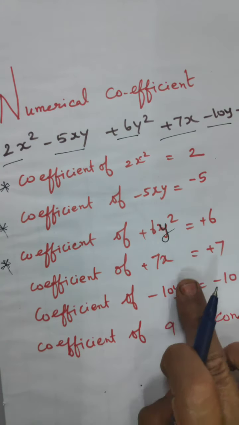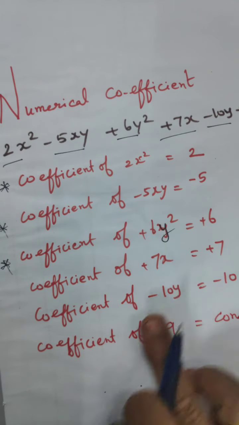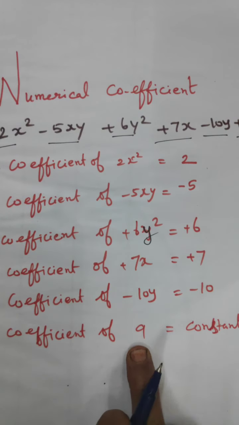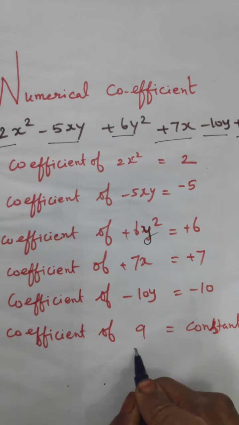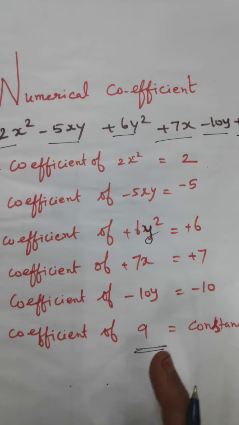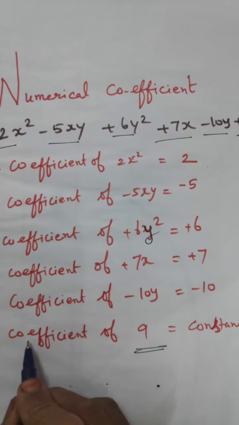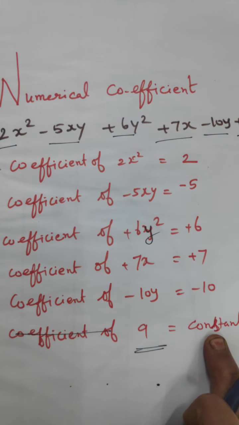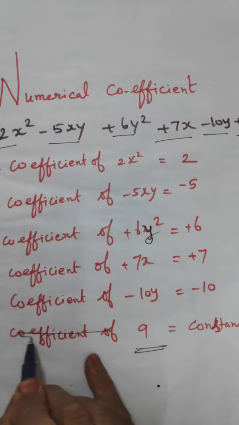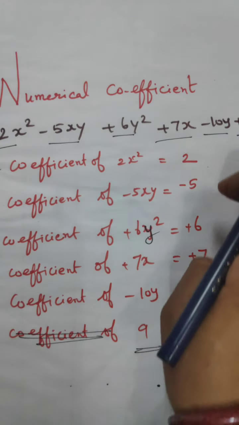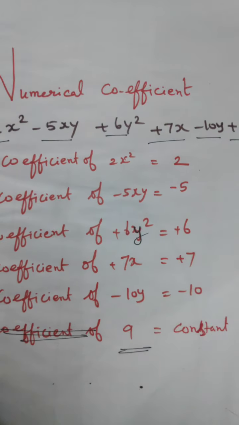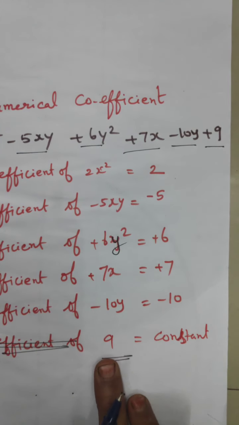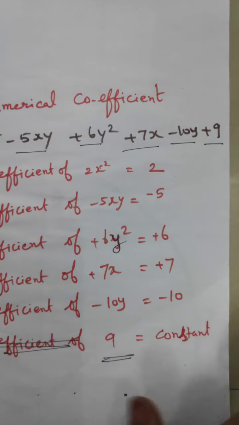Coefficient of −10y is equal to −10. Coefficient of 9? There is no English letter here. So 9 is the constant. It does not have a coefficient. So what is 9? 9 is the constant. There are no variables, only a number by itself. This is called the constant.